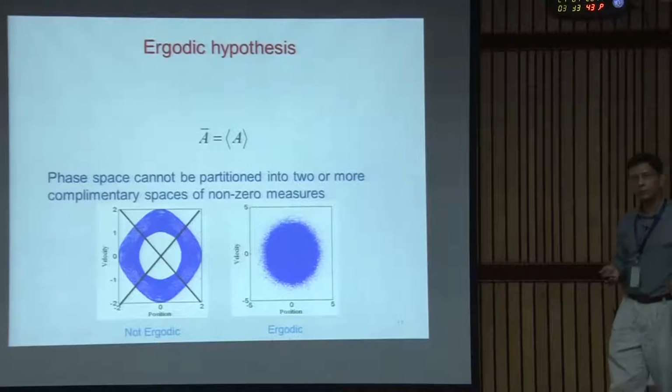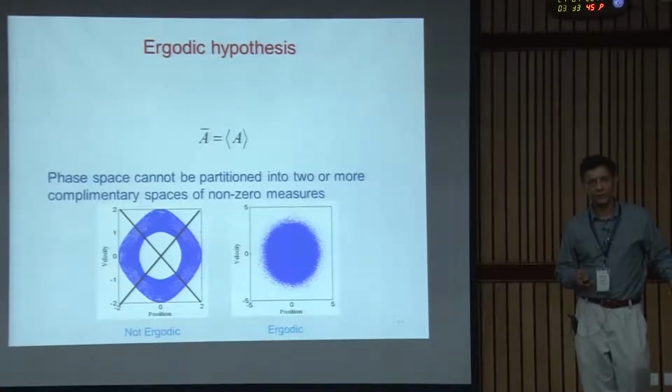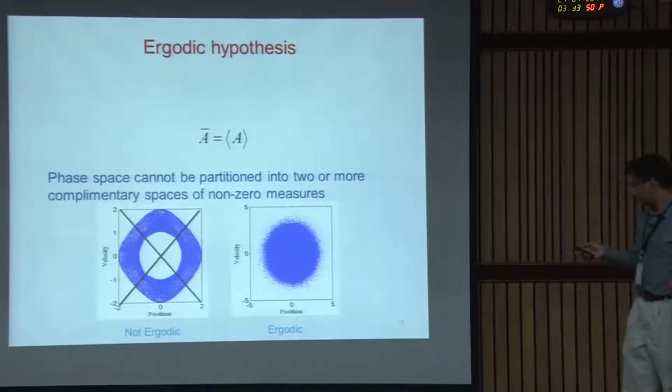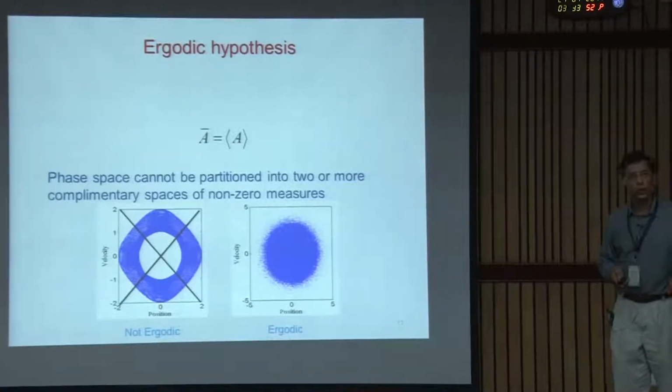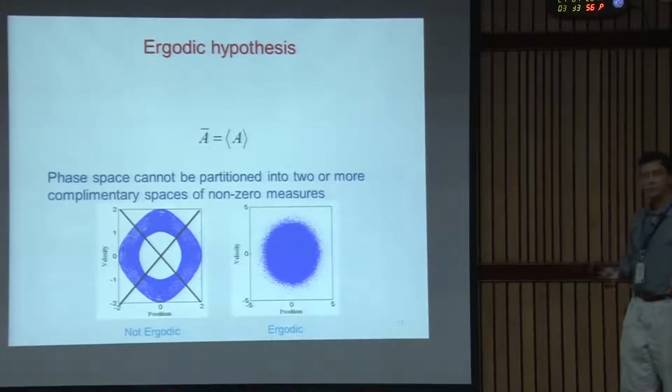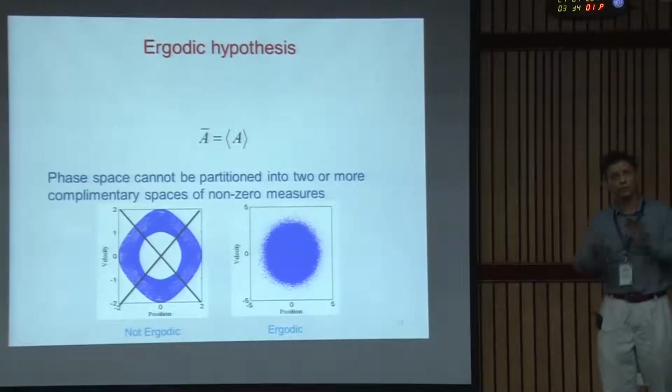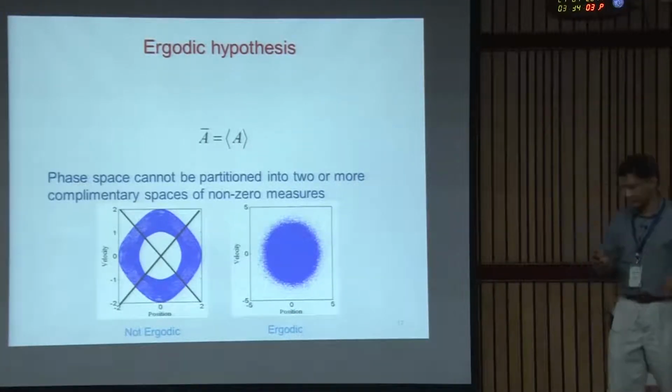When we talk about ergodicity of a thermostatted system, a canonical system, then it should not exhibit any holes in the phase space, and this is very important because anything that exhibits holes partitions the phase space into two non-communicating subsets.